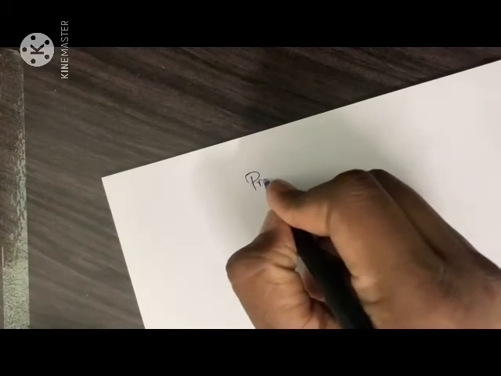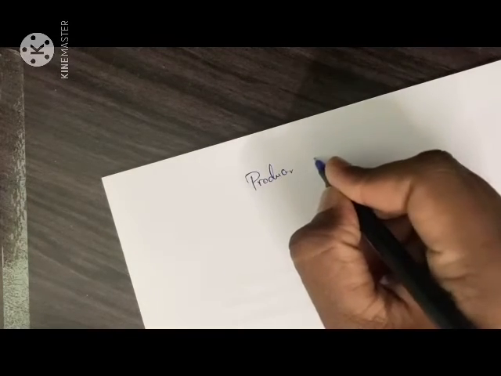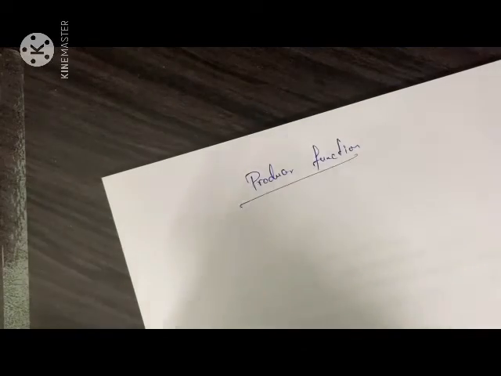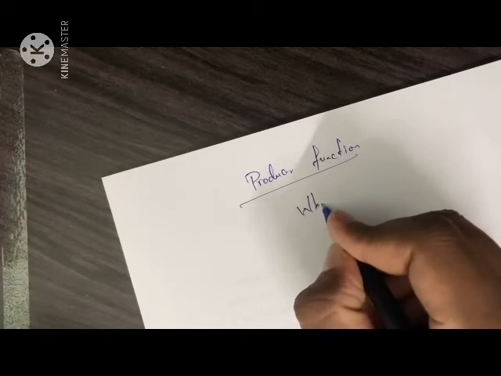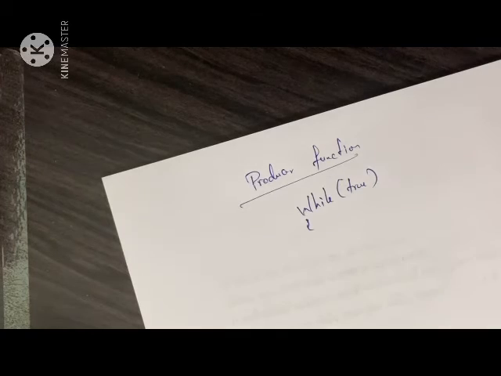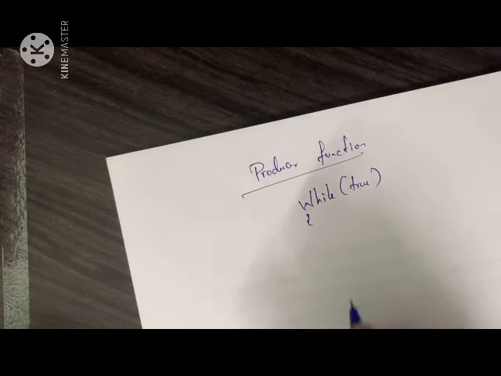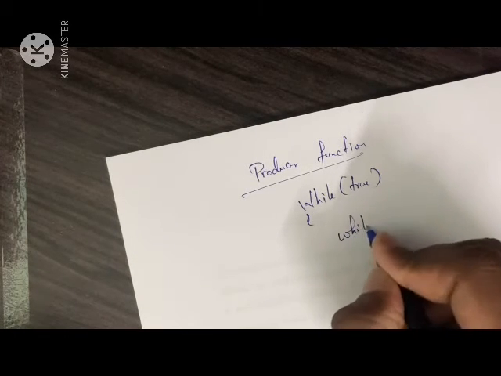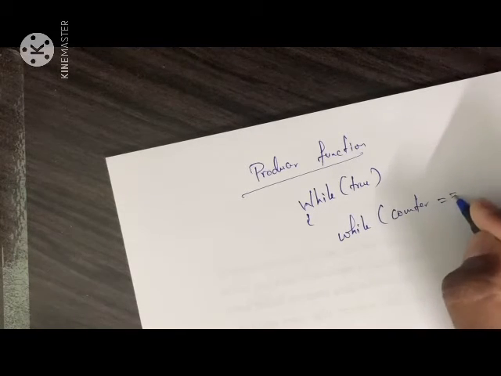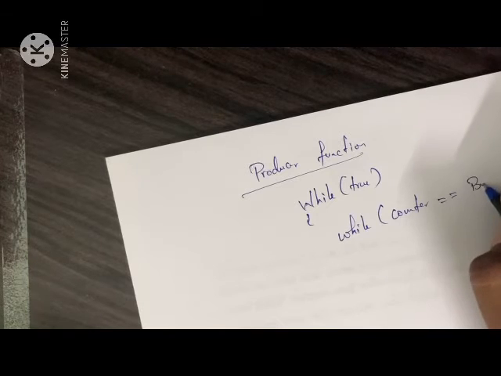So we'll see what is the process for the producer. For the producer we have a simple function. For the producer function what we are going to write is: while true. Initially it will be true. Once it is true, we are going to use one more while loop, representing the counter: while counter equals buffer size.